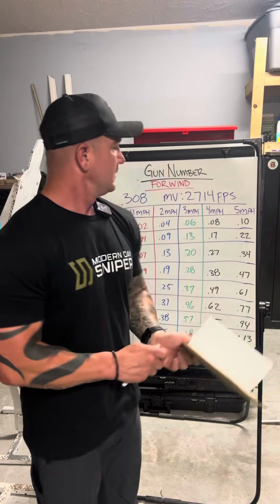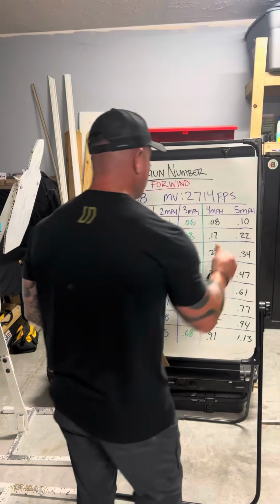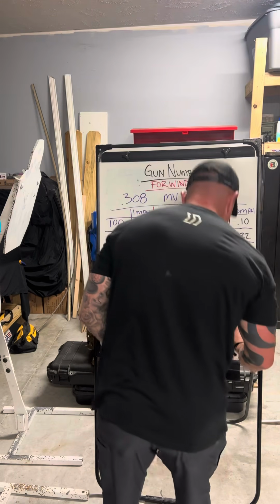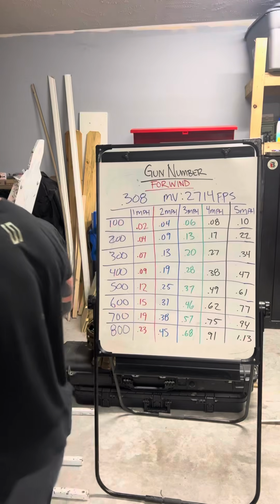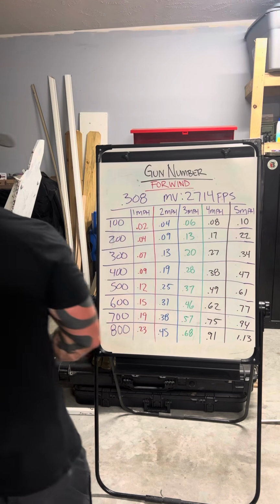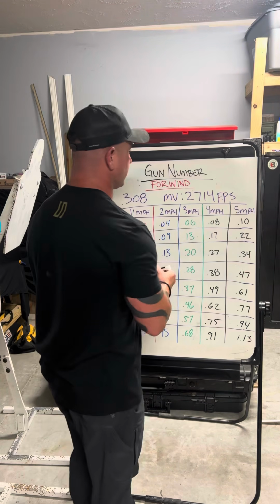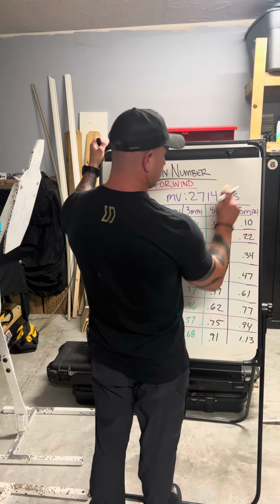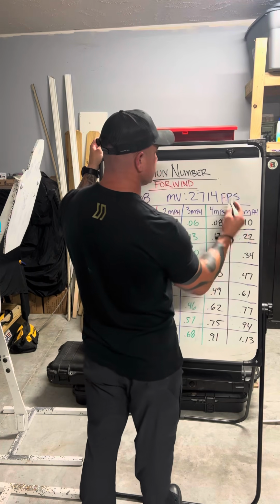All right, so now that we've got our chart, the goal here is to get our wind call to match our yard line. That's how we get our gun number, right? I'm going to blow one of these up here so it's easier to see.